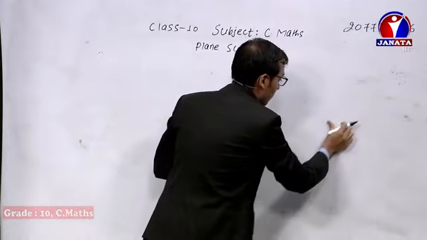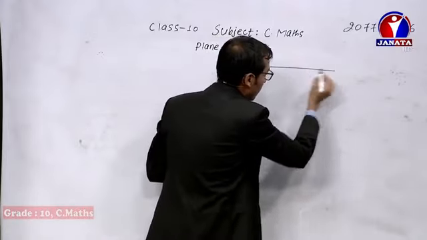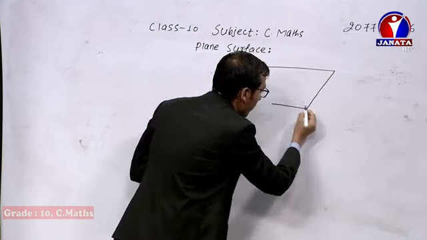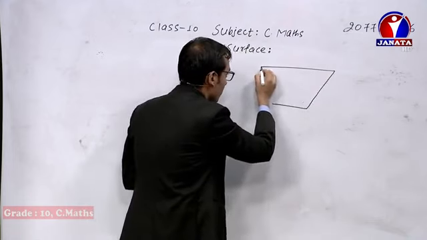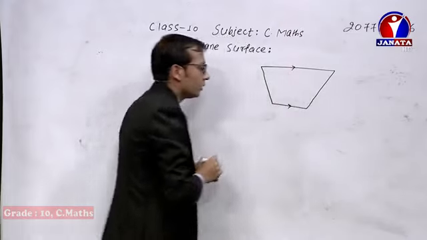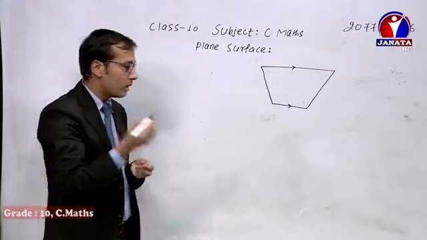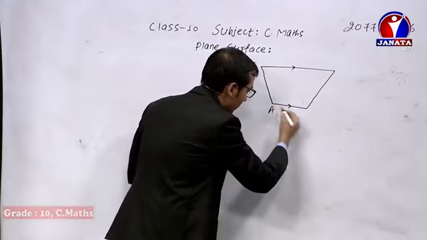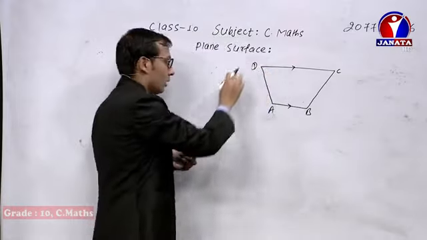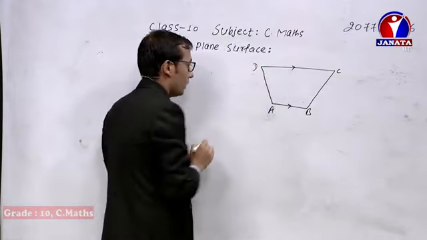A trapezium is a quadrilateral having only one pair of sides parallel. Suppose these two are the parallel sides. Let me name it ABCD, a trapezium in the figure.